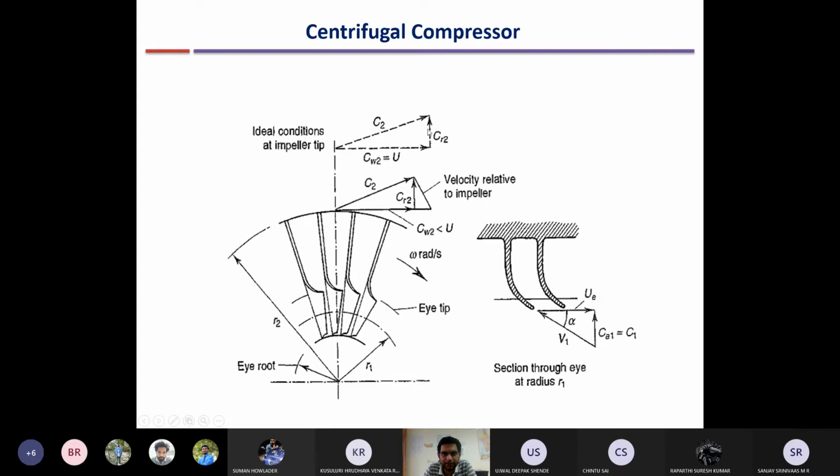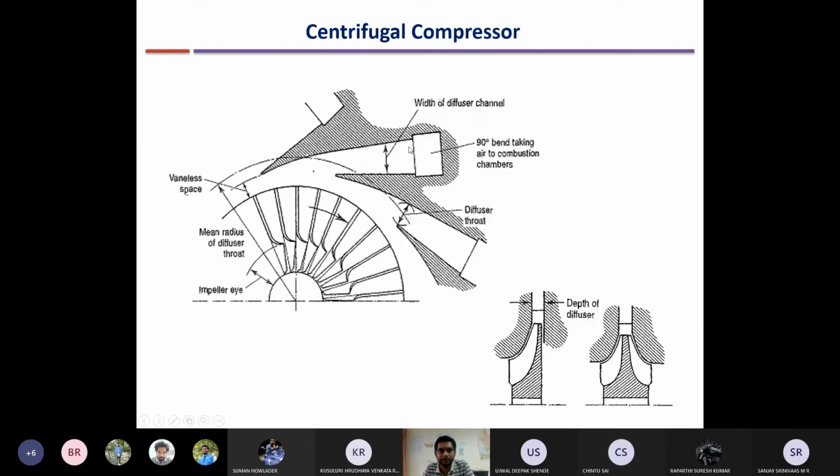The flow is in the radial direction, like this. The flow is relative to the impeller, so the absolute velocity of flow is given by C2, in this direction. The diffuser should be somewhat along this direction. There is some slight change in angle in the vaneless space, but it should be in this direction.